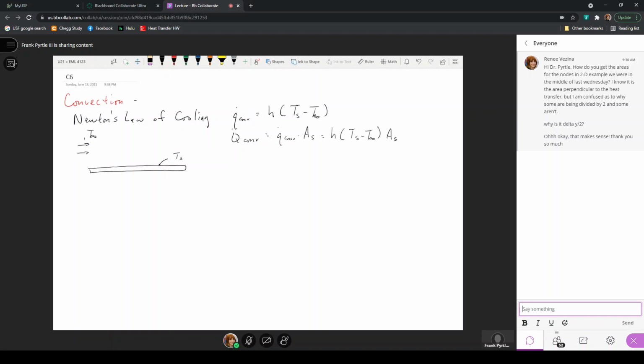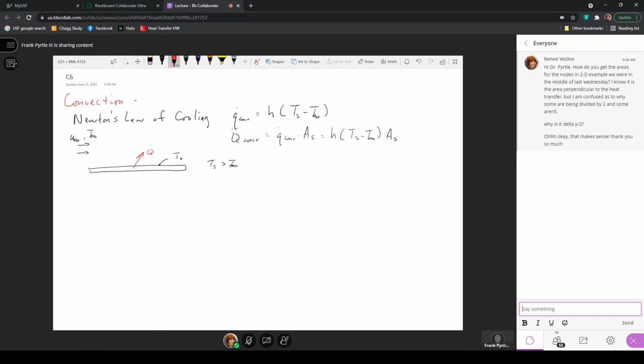Actually, in this text they use U infinity, where U infinity is just the free stream velocity of the fluid, and T infinity is the free stream temperature of the fluid. So if this fluid is moving over the surface, and if Ts is greater than T infinity, then the heat transfer rate would be from the surface into the fluid.